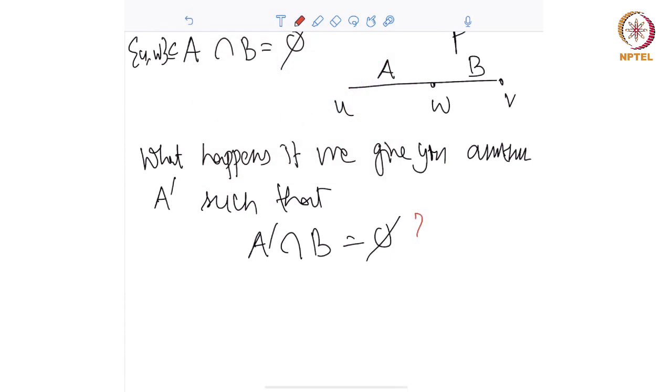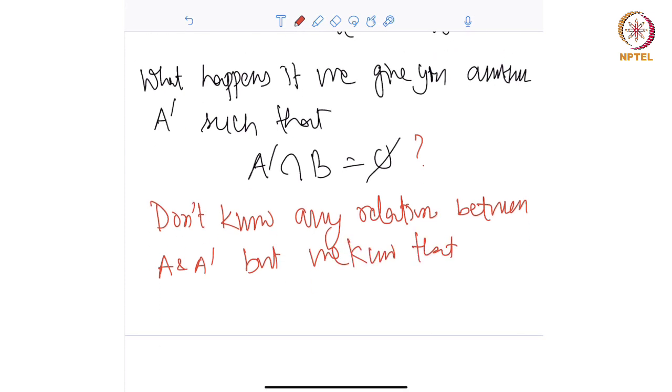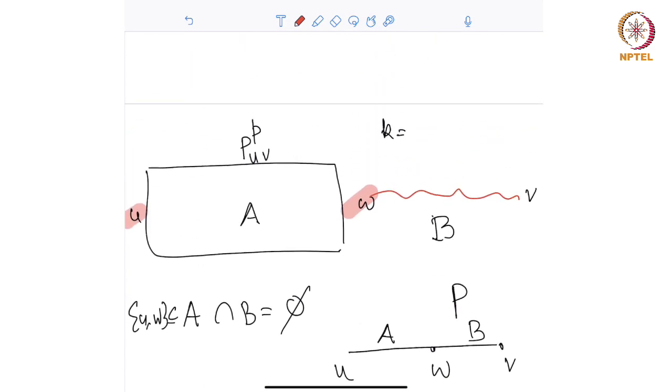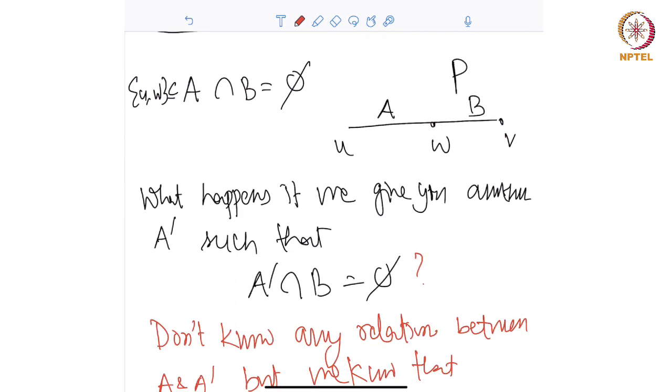I don't know any relation between A and A prime, but we know that A prime intersection B is phi. So suppose magically I tell you that I do have some other set A prime, and I know that A prime intersection B is phi. So what do we have?